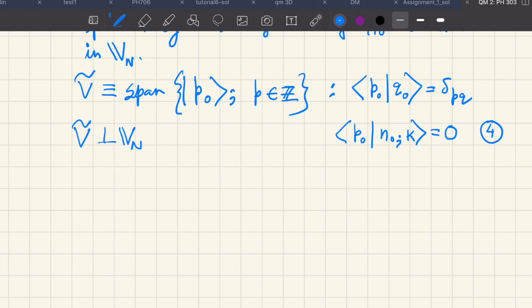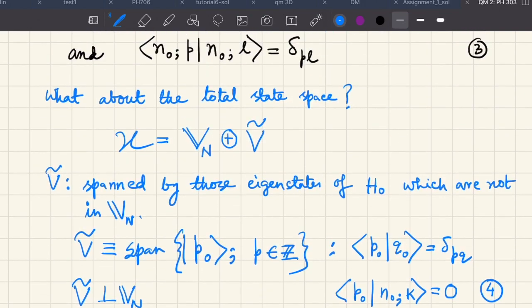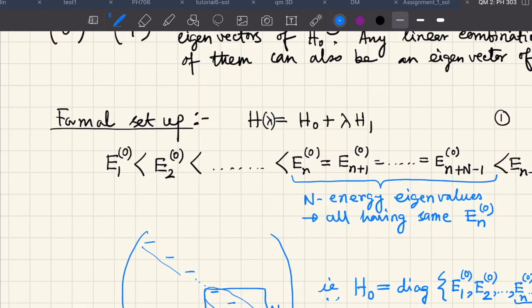Now with these constructs, let me recapitulate a little bit what we have done. We started with this perturbation equation, H lambda is H naught plus lambda H1.